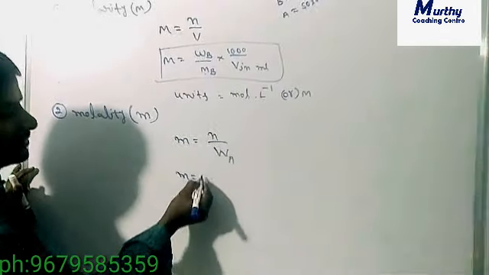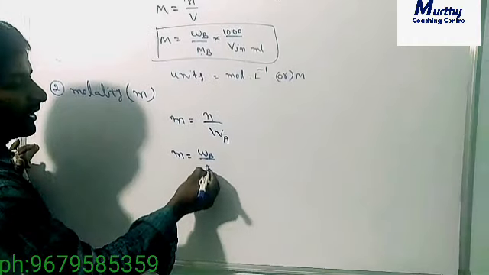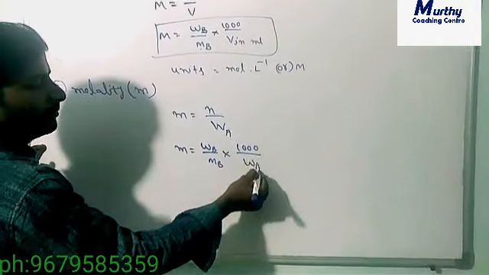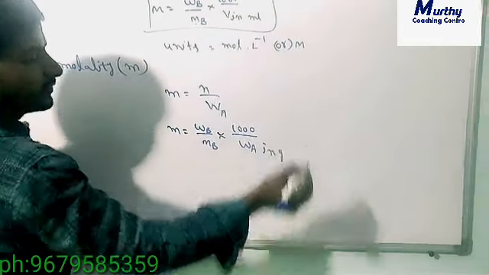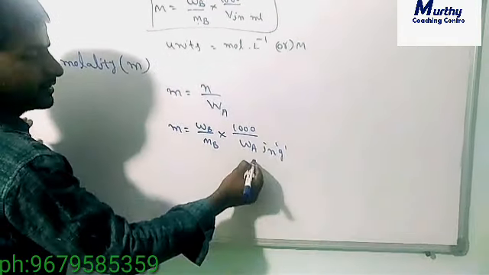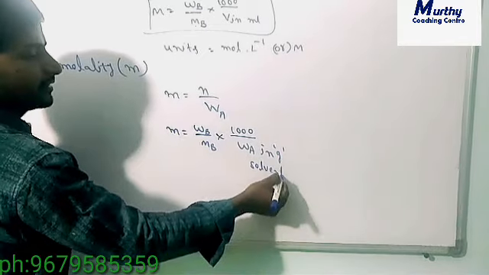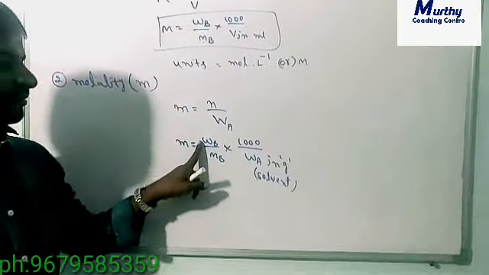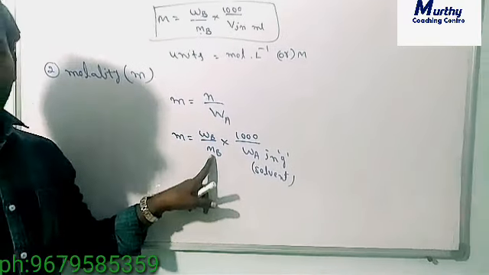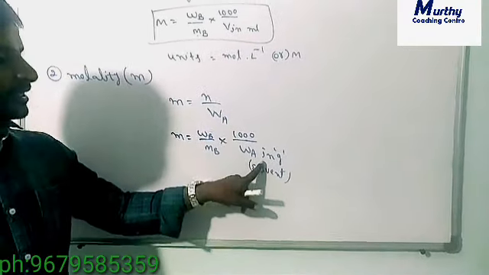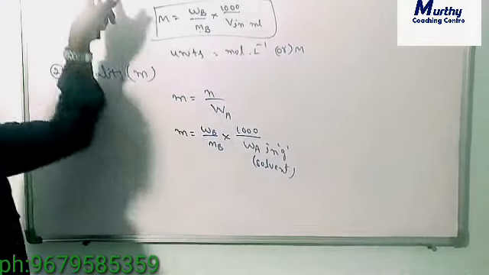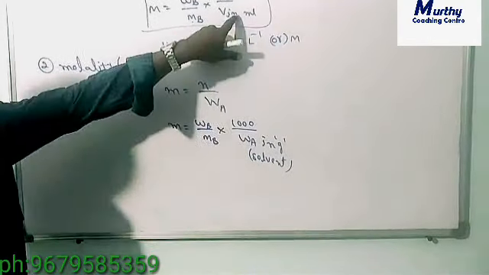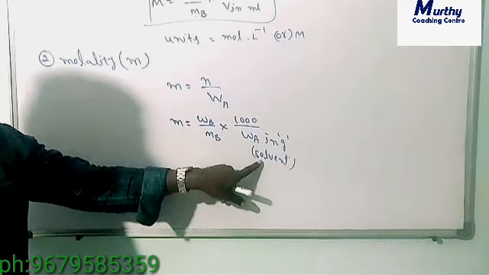Now small m is equal to WB by MB into 1000 by WA in grams, that is the solvent. Here also WB is the mass of the solute, MB is the molar mass of the solute, WA is the mass of the solvent. In the molarity term, this is the volume of the solution; here it is the mass of the solvent.